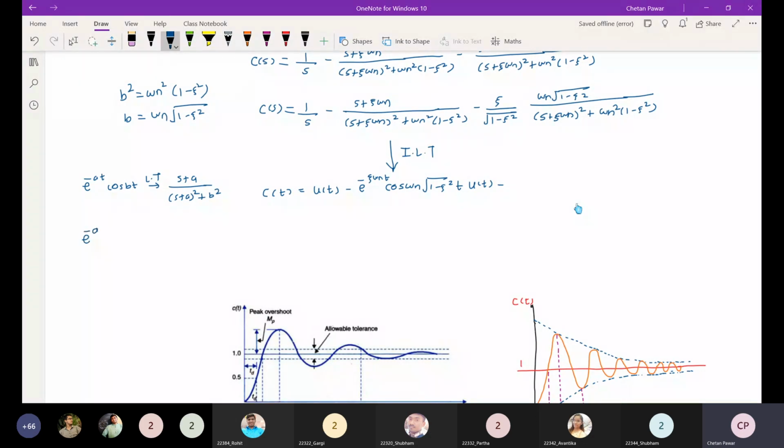Consider another identity here. So what remains here is this theta term.